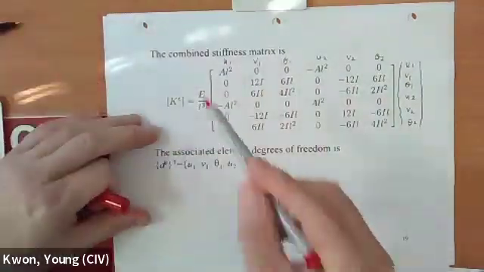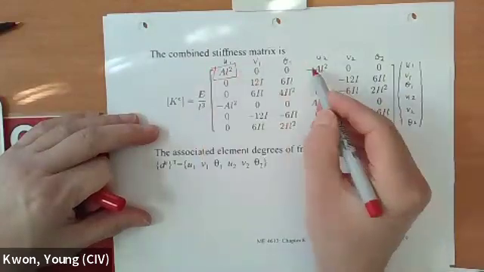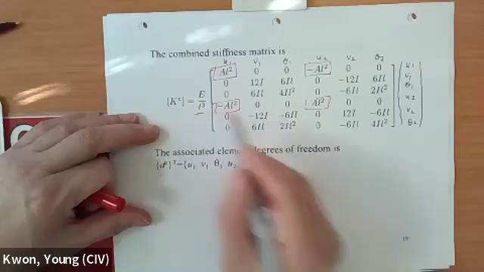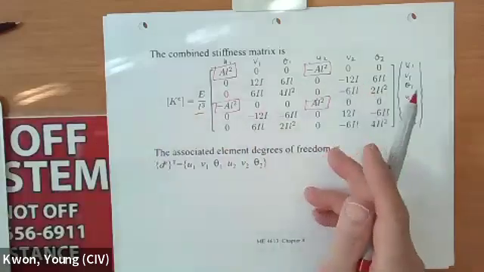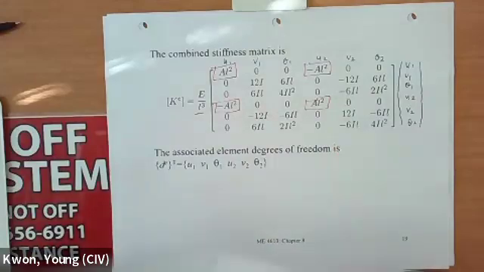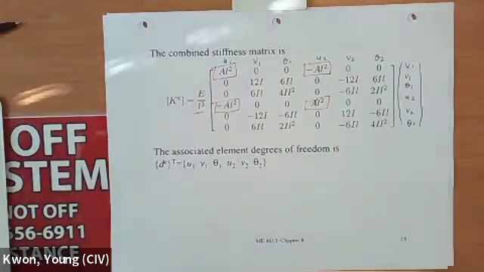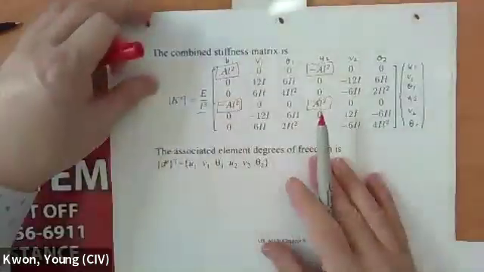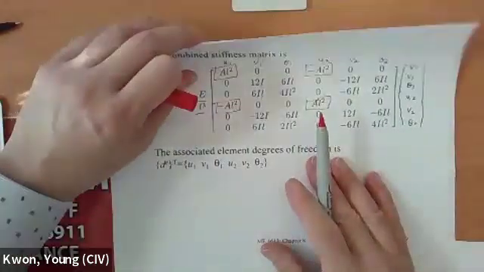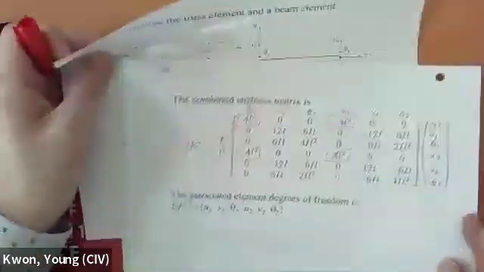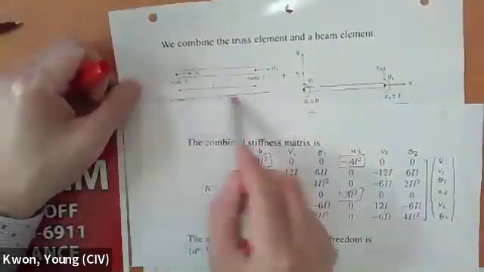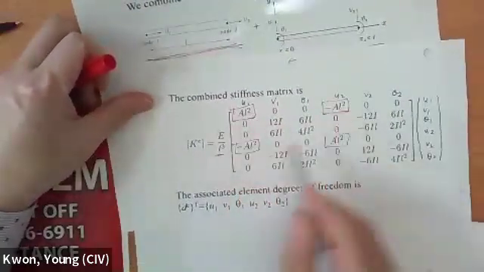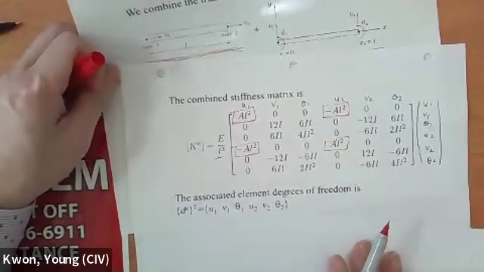So if you look at these four components, of course, including that, those four components come from the stiffness matrix of, where is it? If you apply this one, this element gives you this stiffness matrix, okay?